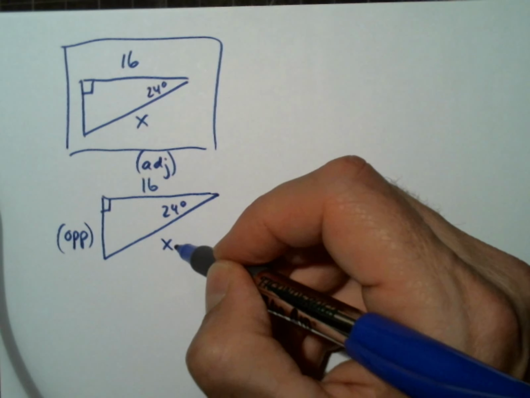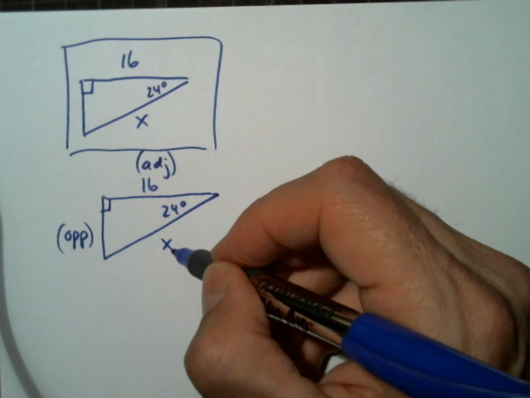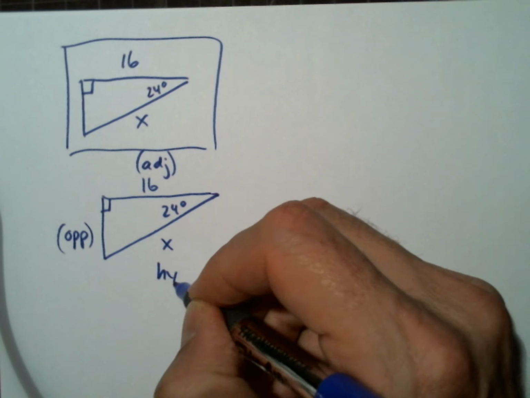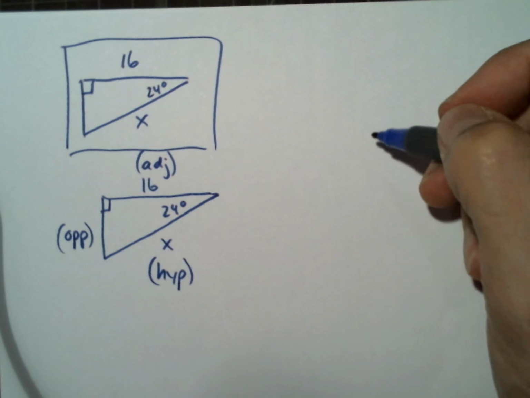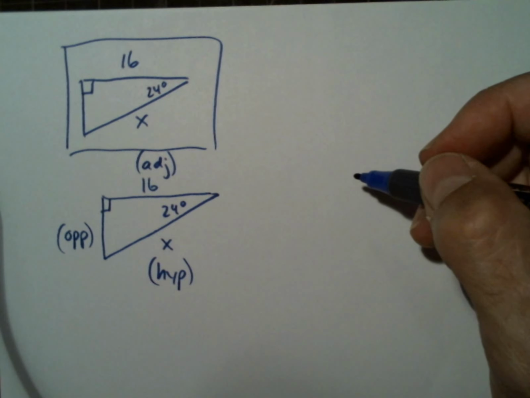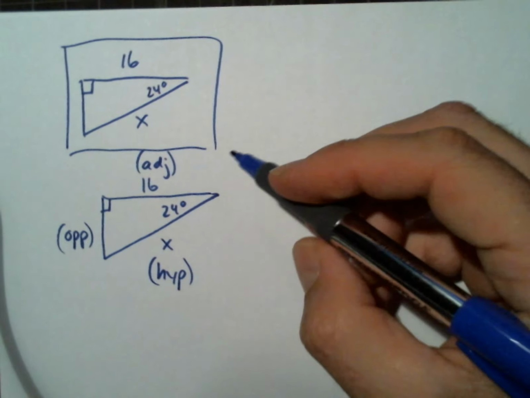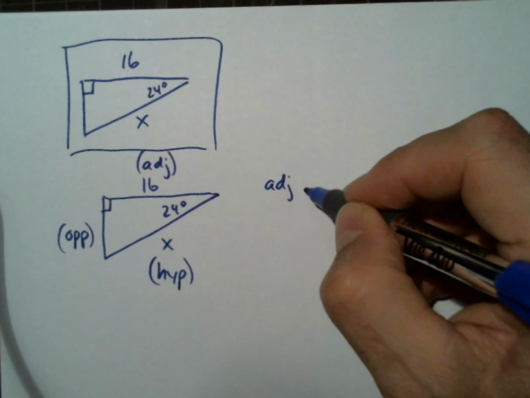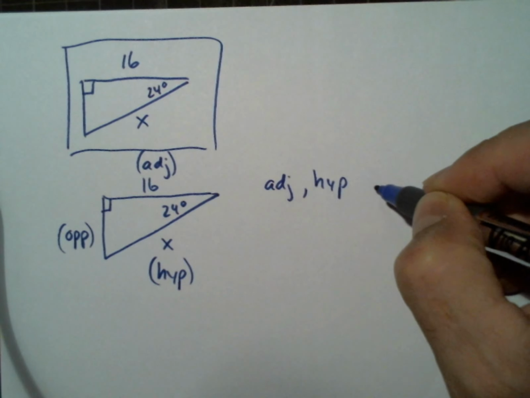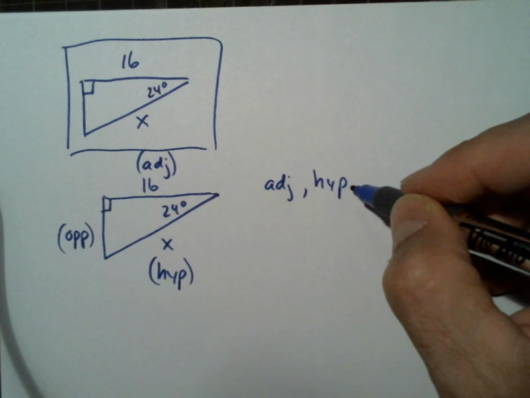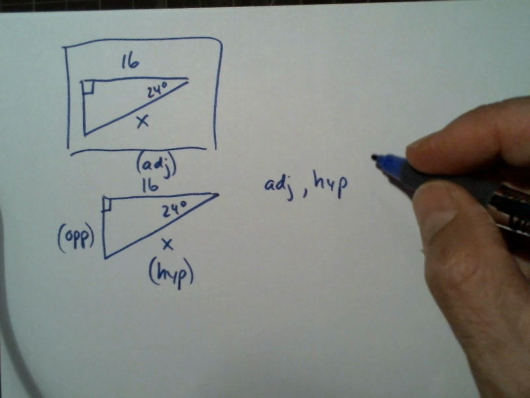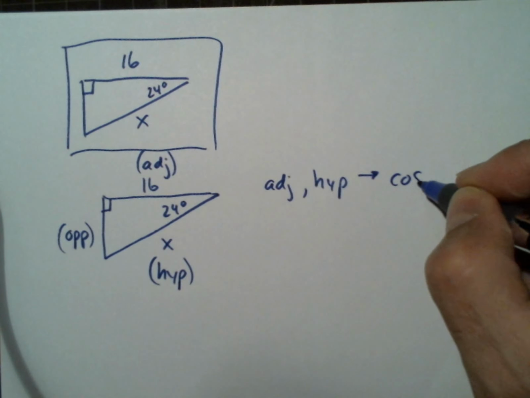The hypotenuse is also adjacent, but we call it the hypotenuse. All right, we have adjacent and hypotenuse. Which trig function has adjacent and hypotenuse in it? That's going to be cosine.